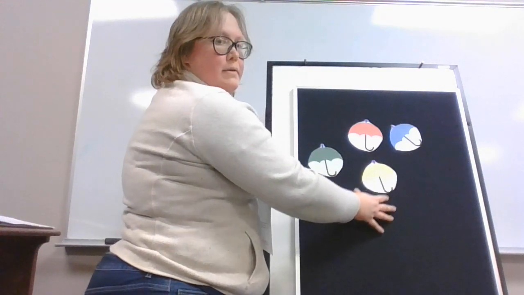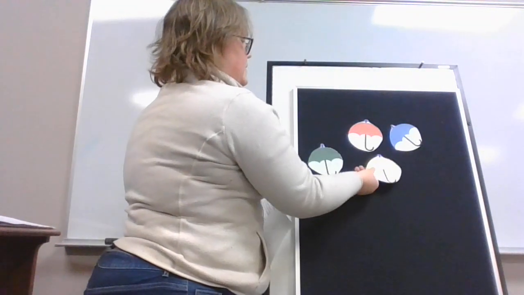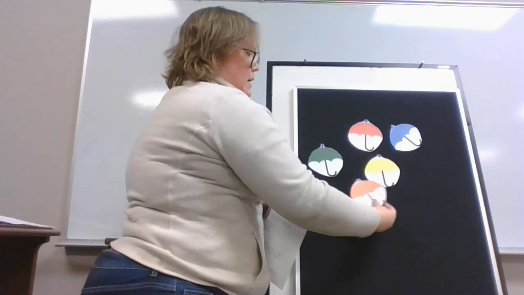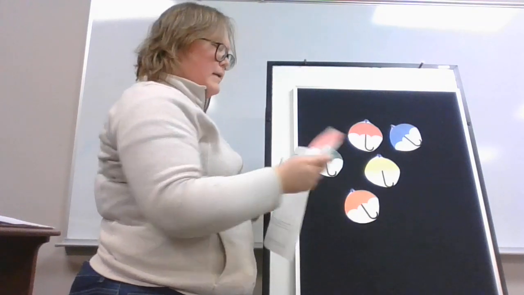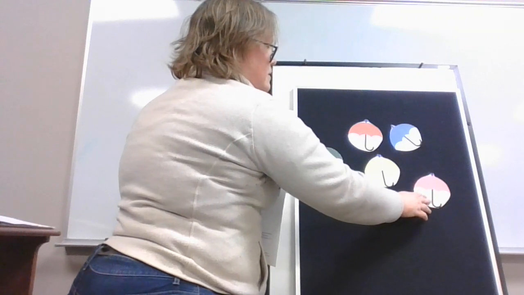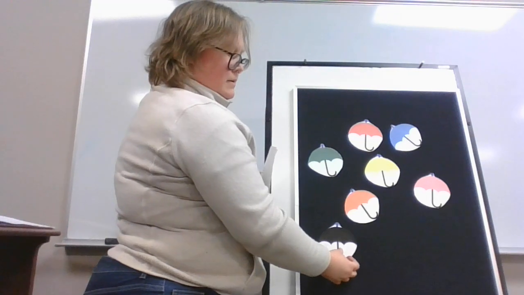What color's that one? Other than on the floor. Oops. Yellow and orange and pink umbrellas. Black.